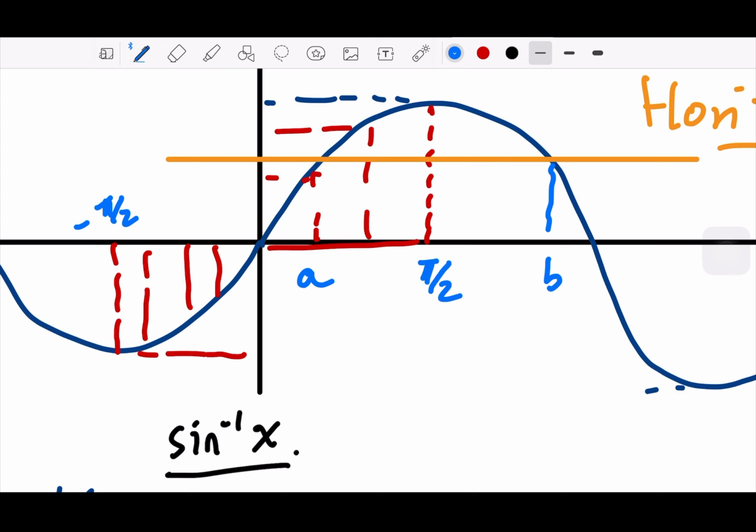From negative pi over 2 to pi over 2, we have a one-to-one function, because the horizontal line crosses exactly one time. And that's why we can draw the sine inverse from this sine.